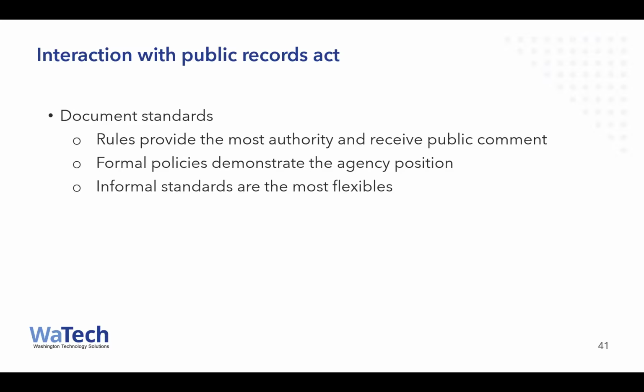But even internal formal policies will at least demonstrate what your position is, help document it, and establish consistency. And then the furthest down on that hierarchy would be informal standards, which have the benefit of flexibility, but not the same benefits around consistency across application.